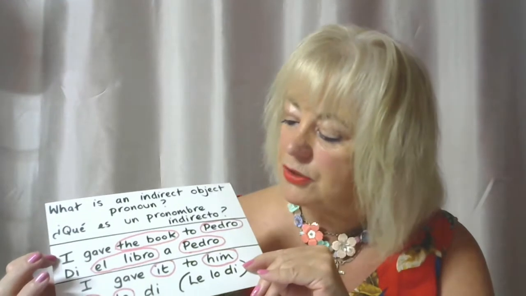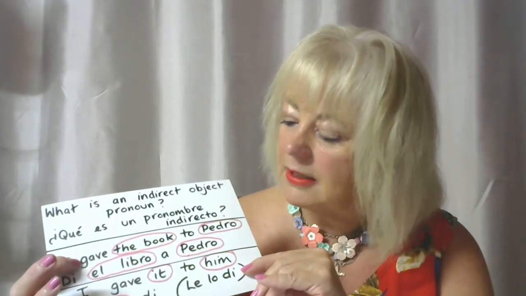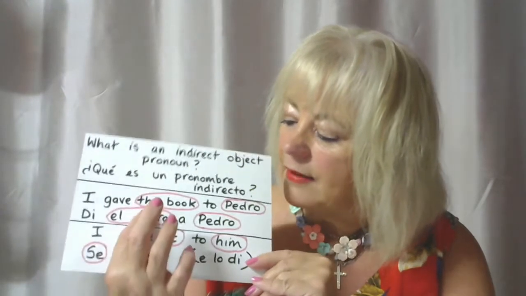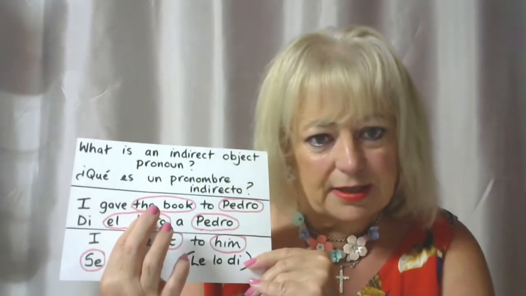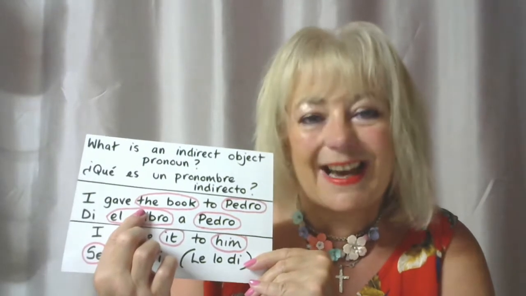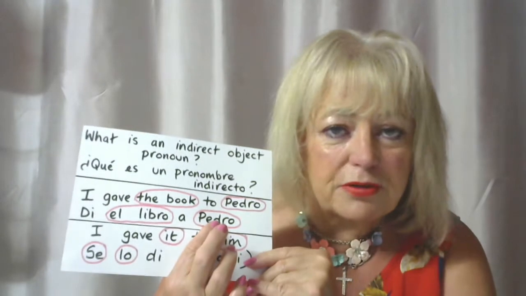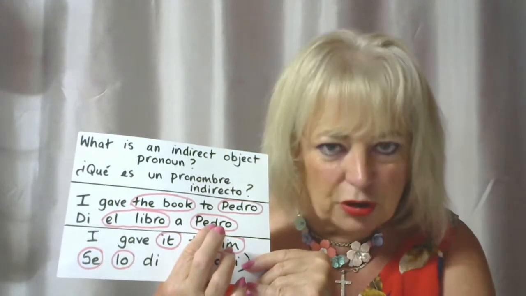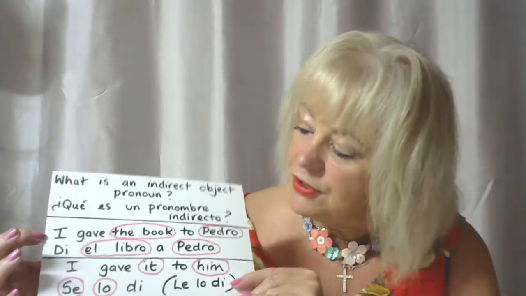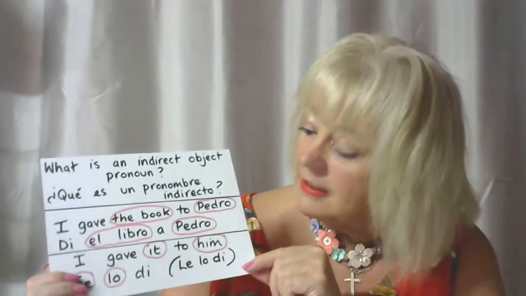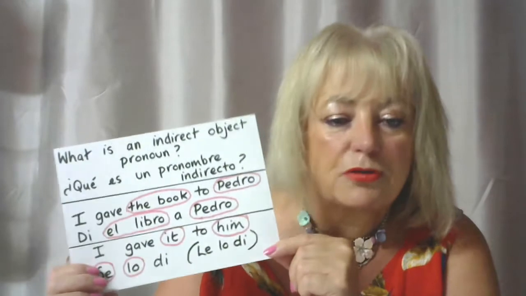So the subject is I, the action is gave, and it's what I gave that is the direct object. So the book is the direct object. And it's who I gave it to, Pedro, that is the indirect object. But this first sentence is not using pronouns, we're using the full names, the book, to Pedro.